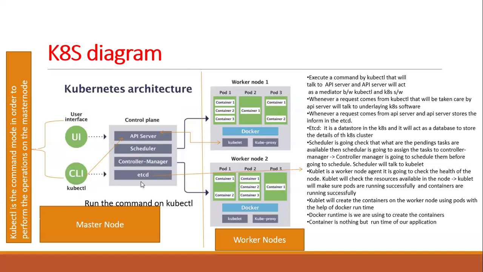Whatever file we are executing is first stored in etcd. The API server talks to etcd and whatever information comes in is stored there.